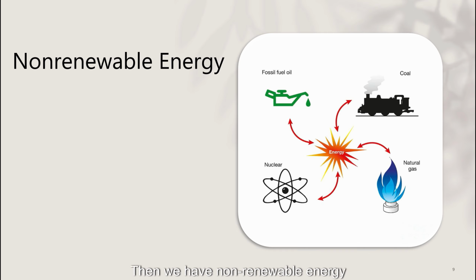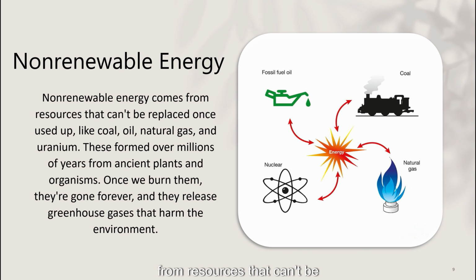Then we have non-renewable energy. That non-renewable energy comes from resources that can't be replaced once used up, like coal, oil, natural gas, and uranium. These formed over millions of years from ancient plants and organisms. Once we burn them, they're gone forever, and they release greenhouse gases that harm the environment. So going back to the A2L stuff that we were talking about, right?